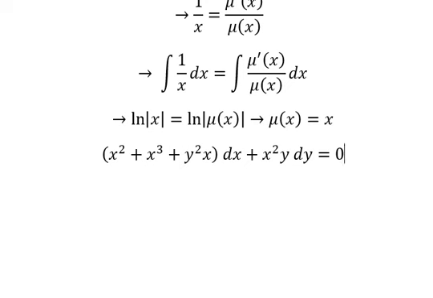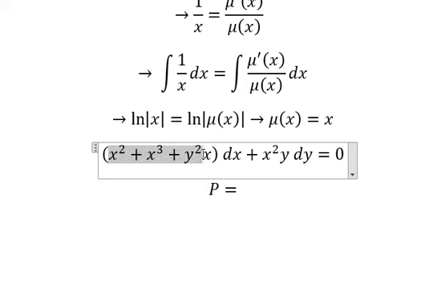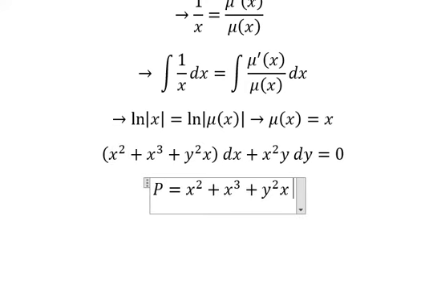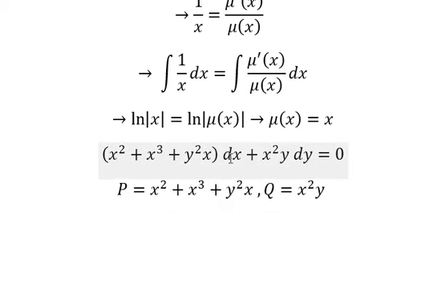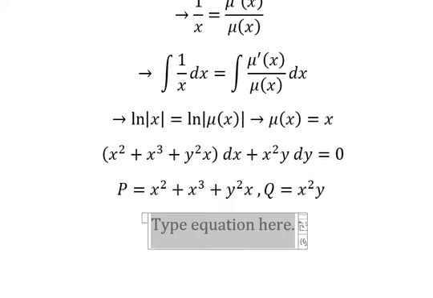So now we have b equals to this one and q equals to this one. And now for this one we do db over dy.